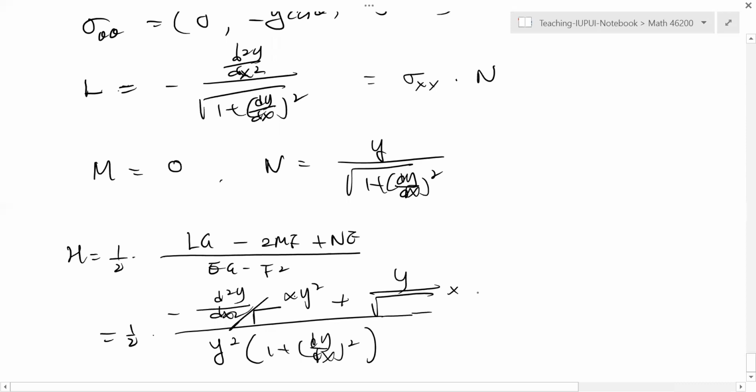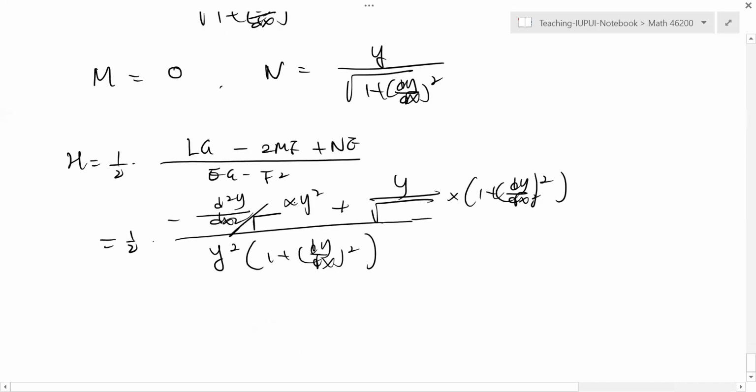And the E, okay, E is this function. It's going to be square. So from here you can tell. All right, let's simplify.